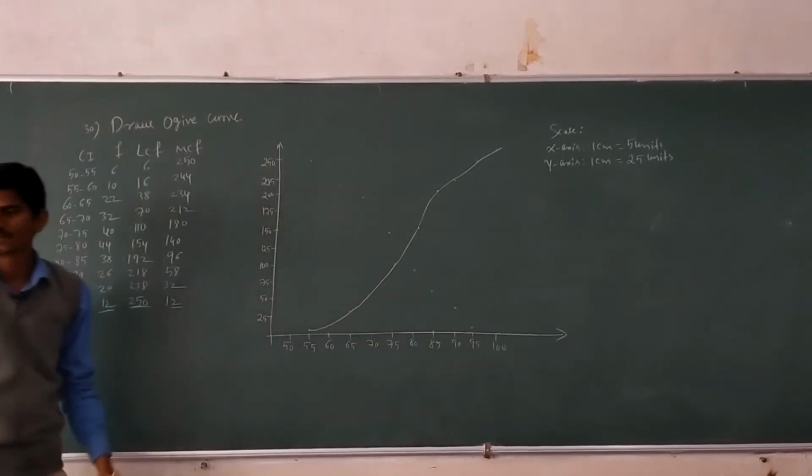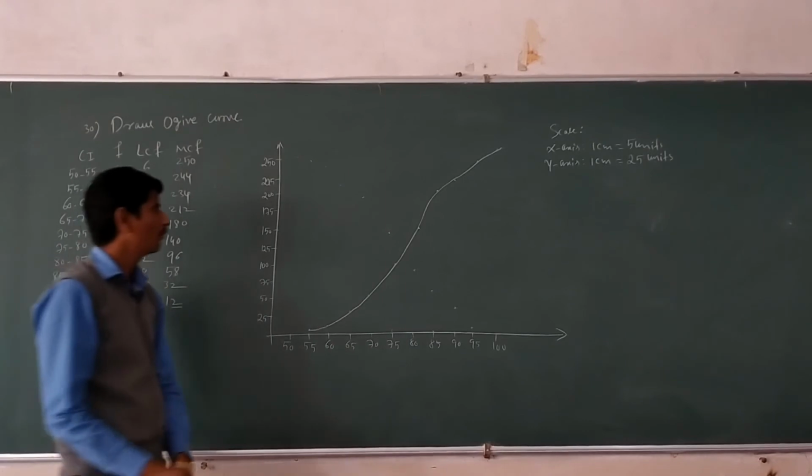And these points are joined by a smooth curve or free-handed curve.